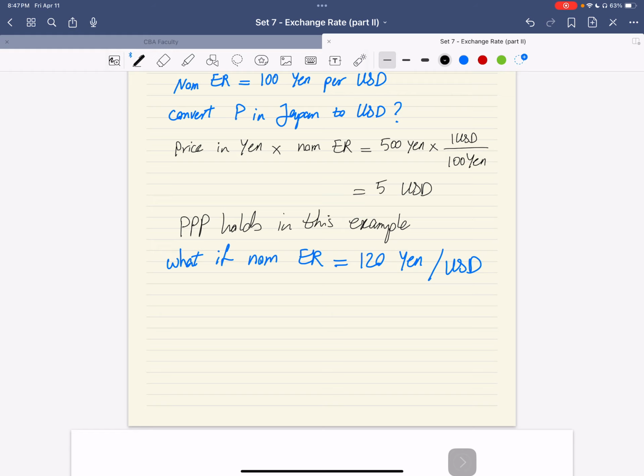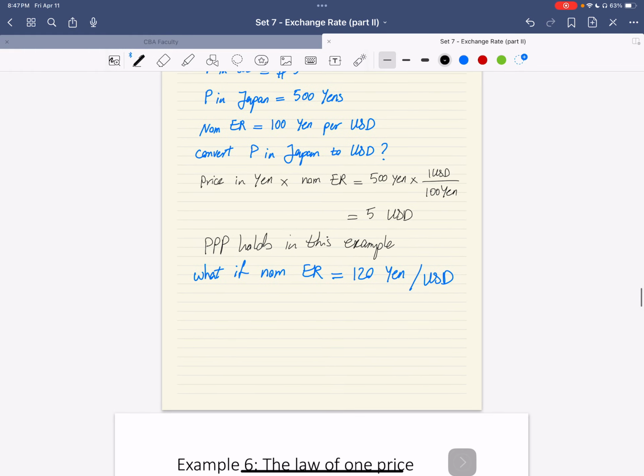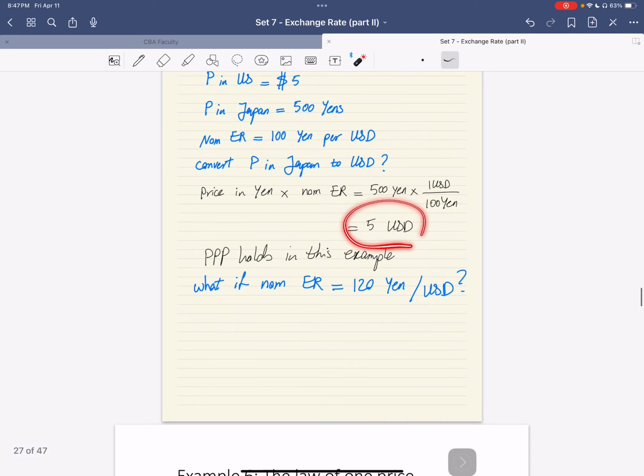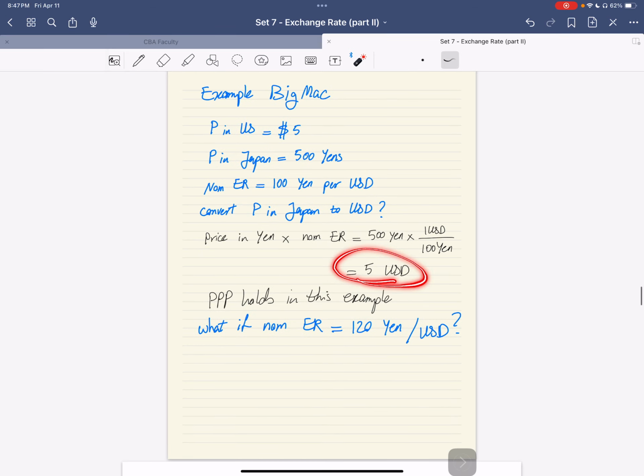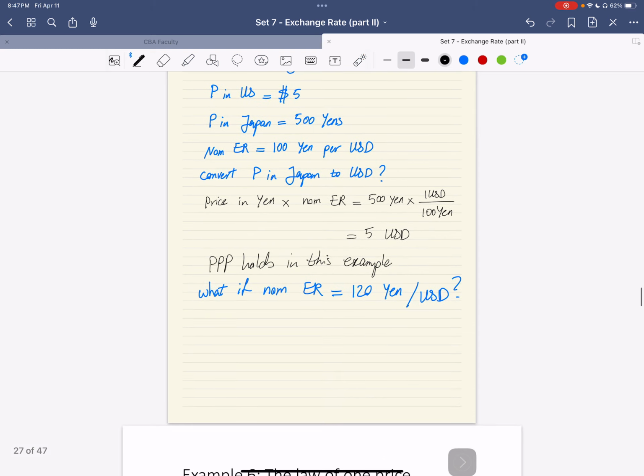What about this one? I would suggest you pause the video and think about this. Solve the same question and see if you get to the same price. If it doesn't get to the same price, it means that PPP doesn't hold. If you get to the same price, it means that it holds again.